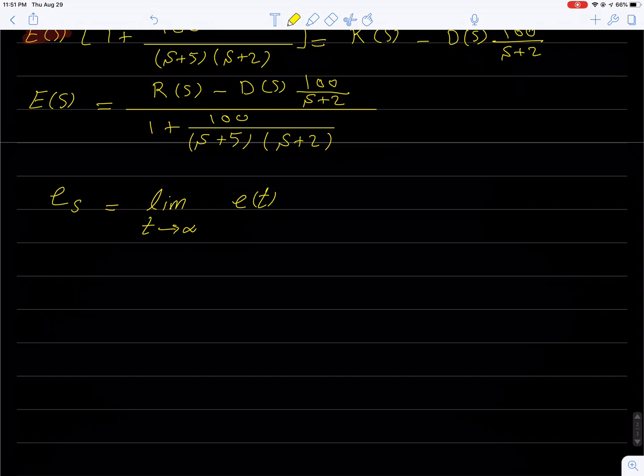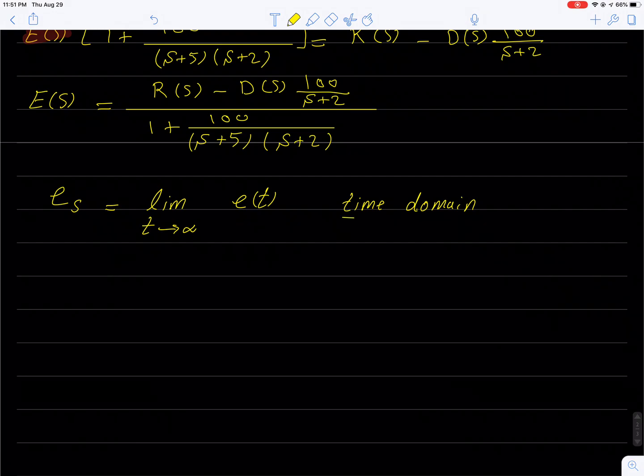So this is the formula in time domain. But now we have E of S. This is in S domain. So we're gonna use the final value theorem to get the formula for S domain.